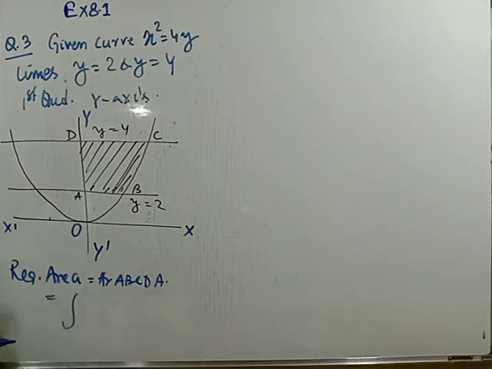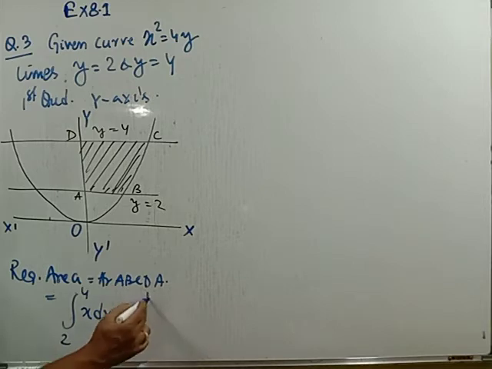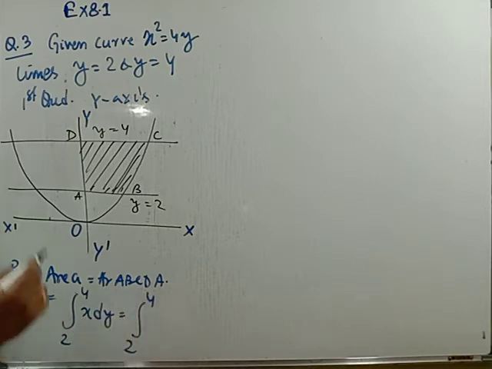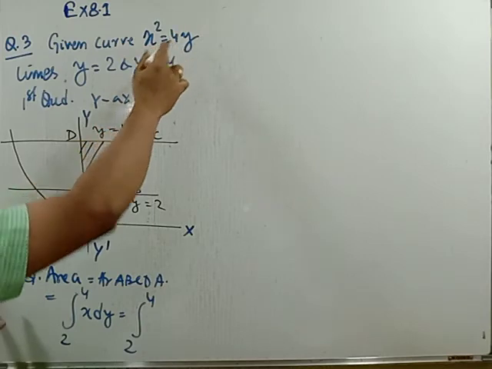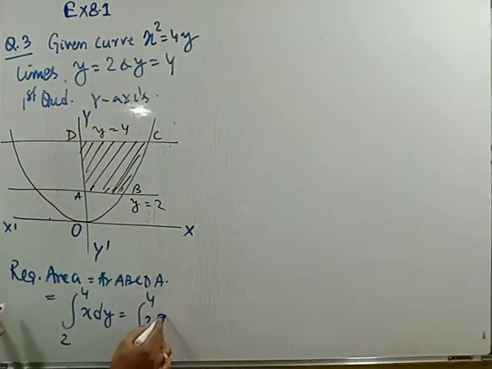So the limit for y is 2 to 4, integral of x dy. What is the x value? x square is equal to 4y, x is equal to 2 root y, so 2 root y dy.